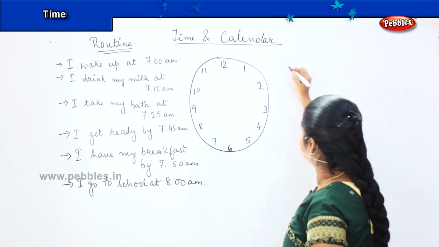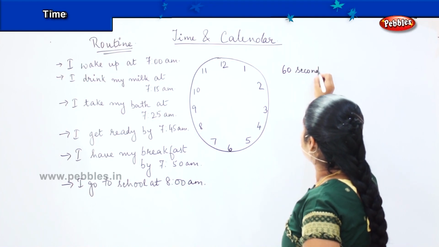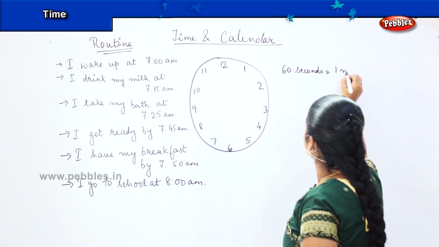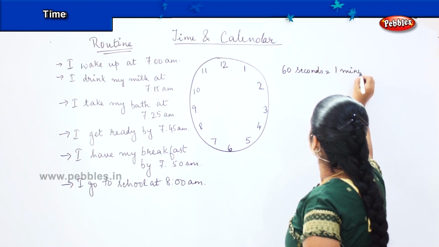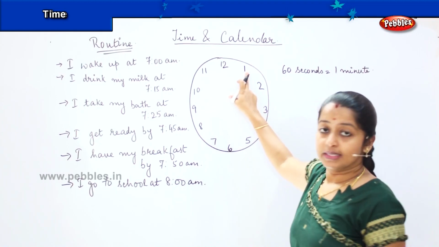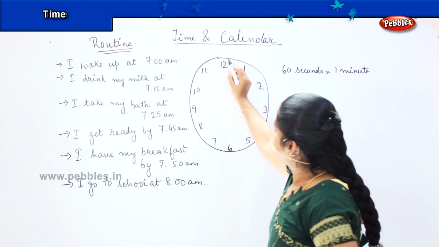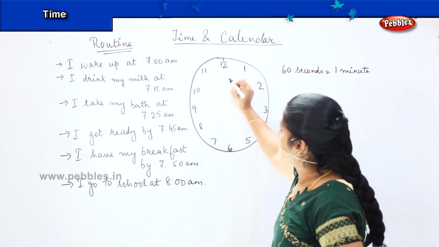So as I said, 60 seconds make 1 minute, right? So now from 12 to 1, it is a gap of 5 minutes. Here, if you see, it will be mentioned like this, right?